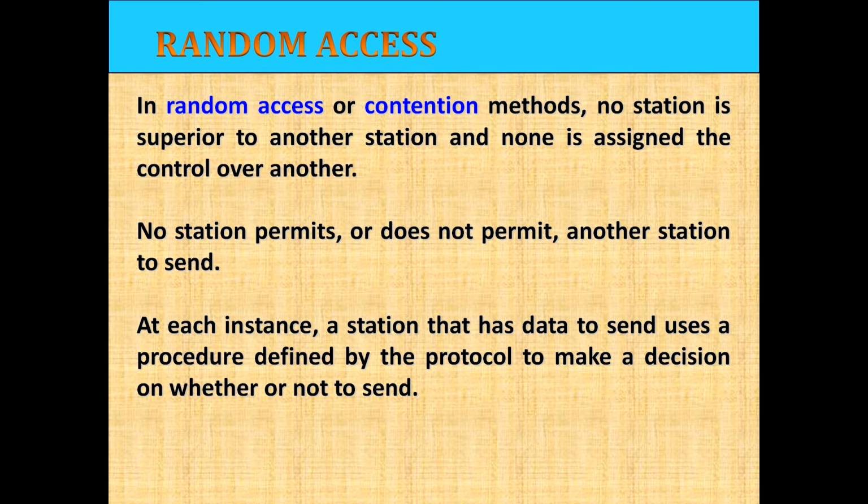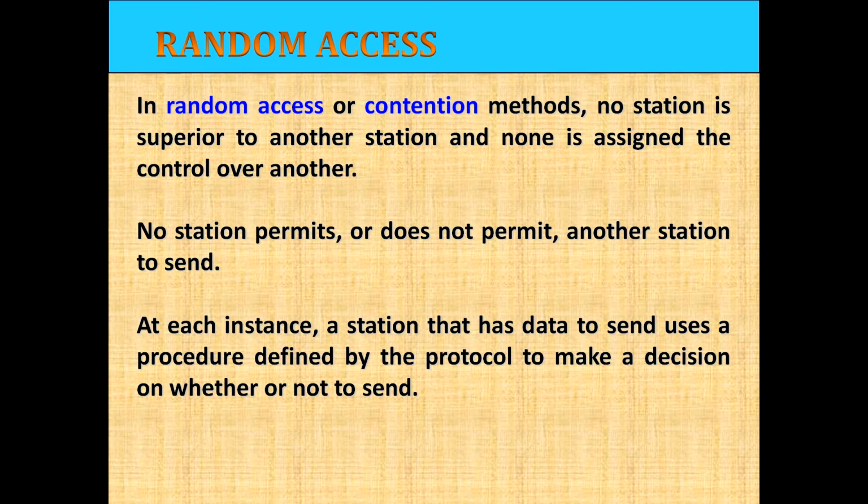On each occasion, a station that has data to send uses a procedure defined by the protocol to make a decision on whether or not to send. Whenever the station has data to send to another device using the medium, it follows some procedures defined by the protocol to decide when to send or not.